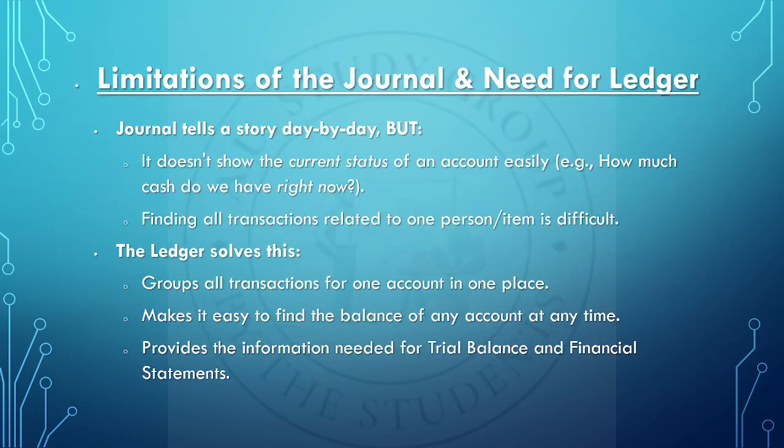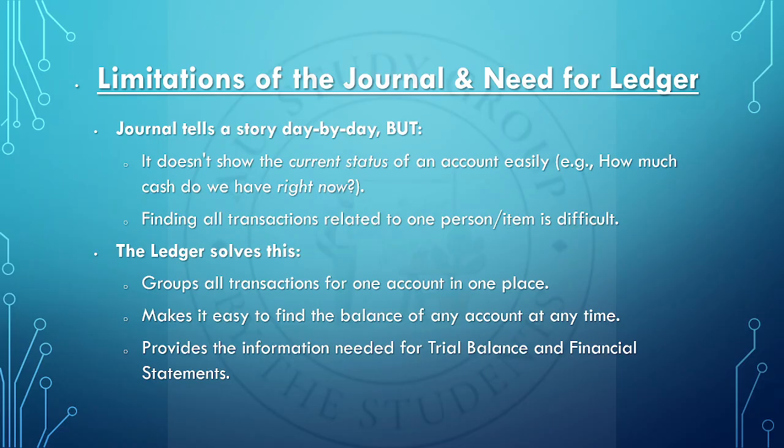Now, why is the ledger so important? The journal alone generally doesn't easily tell you the balance of a specific thing. If you look at the journal, they are only journal entries. You can find out what happened in one transaction. But if you want to figure out your bank balance just by looking through that diary of every single deposit and withdrawal, all mixed together in the journal, it is very difficult.